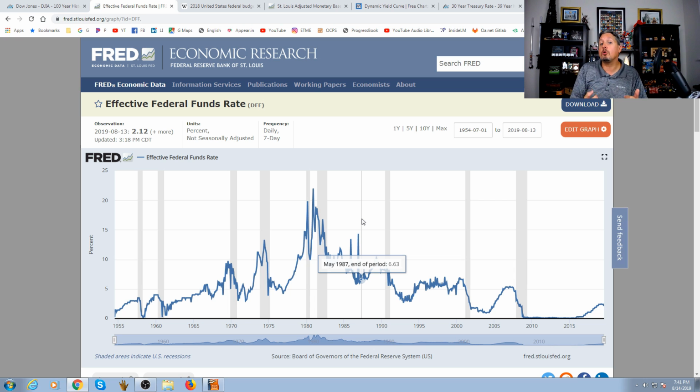So like if your local bank needs money, and say they want to do $1 million in loans, well, they can borrow $100,000 from the Federal Reserve, and then they take that $100,000 and, with fractional reserve lending, they can loan out $1 million, which is like 900,000 of bank credit plus 100,000 of actual money they got from the Fed, and they owe the Fed this interest rate, which right now is dropping down and it's 2.12. What is that? The federal funds rate. So that's what a bank will borrow money at from the Fed.